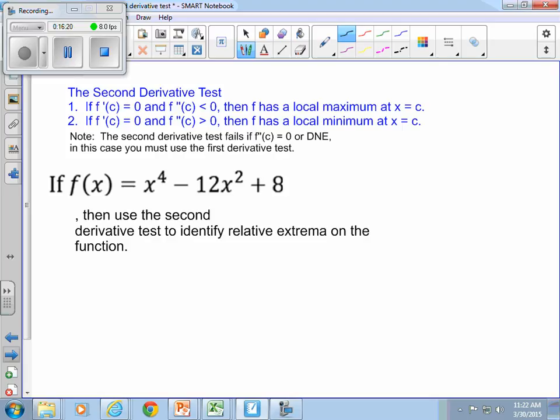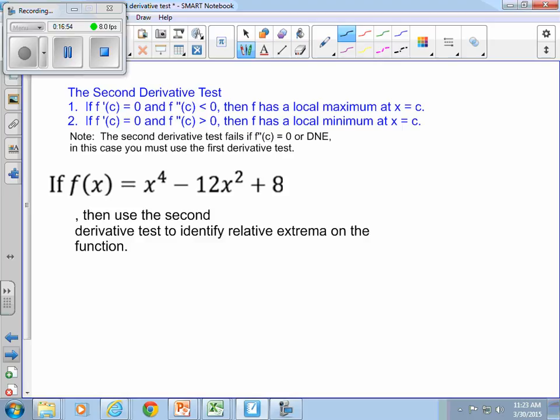So we have a first derivative equals 0, and the second derivative is negative, which means we would be concave down, then we have a local maximum at C. If the first derivative is 0 and the second derivative is positive, then we have a local minimum at C. The second derivative test fails if the second derivative equals 0 or doesn't exist at C. We would have to go back to the first derivative test.